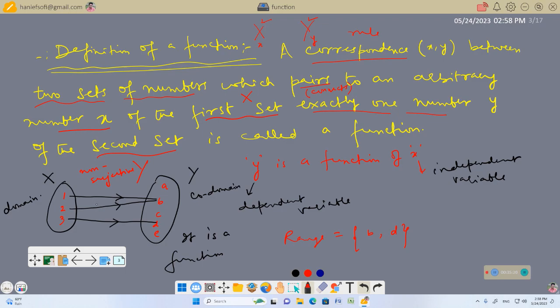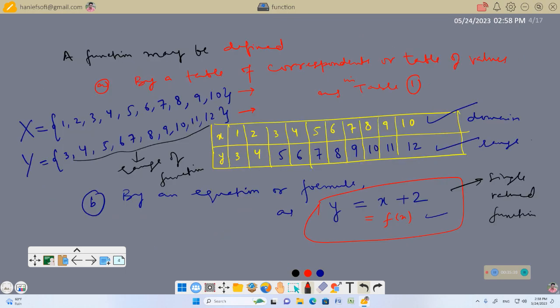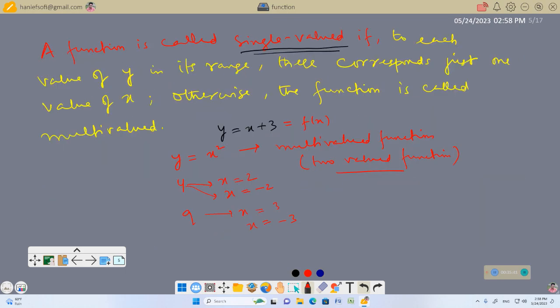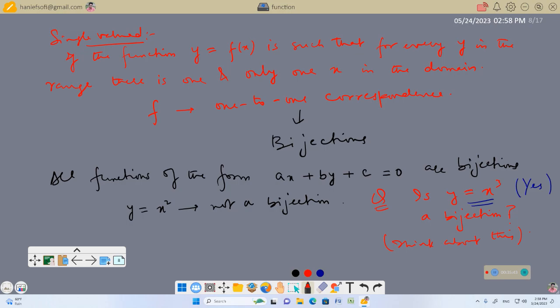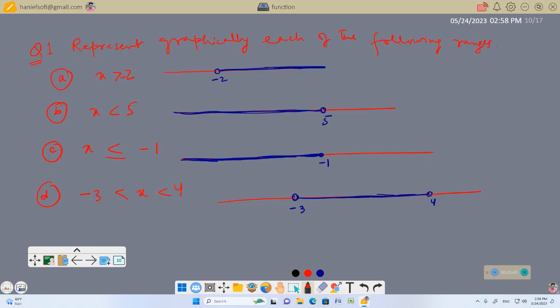Is it injective? It is non-injective. Why? Because you can see 1 and 2 both are connected to B. In injections, that is not possible. Let me move to the definition.